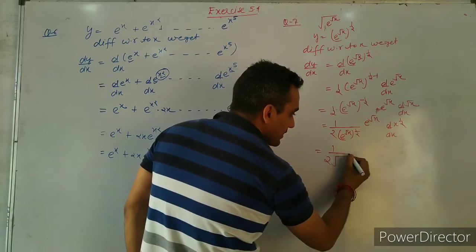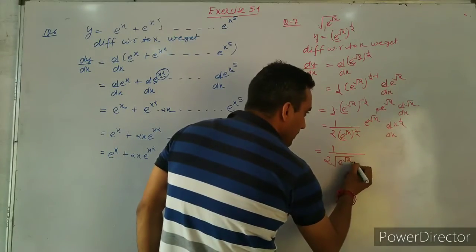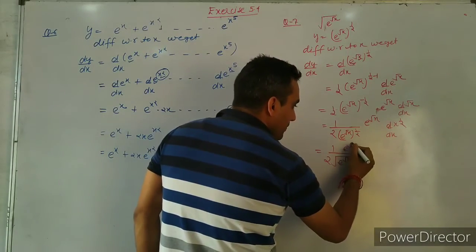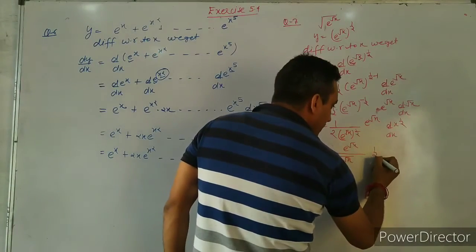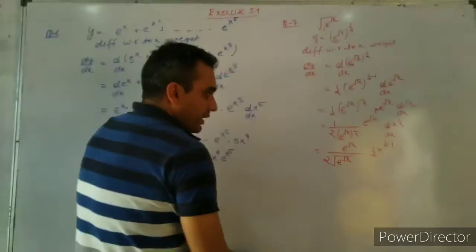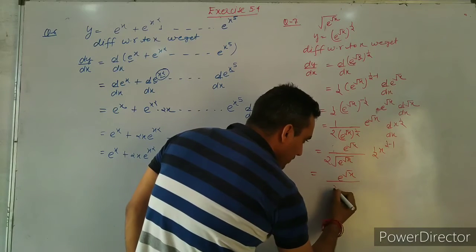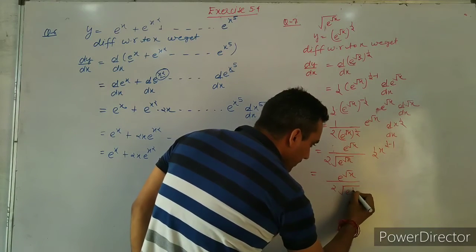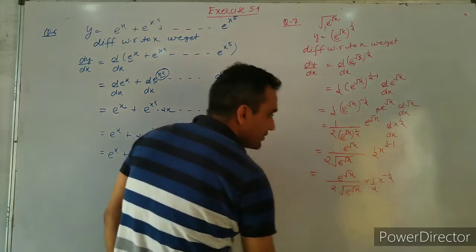I am writing this in the form of under root, which will give me e to the power under root x. E to the power under root x will come to the numerator, and here it will mean 1 by 2. So e to the power under root x upon 2 under root of e to the power under root x, times x to the power minus 1 by 2.